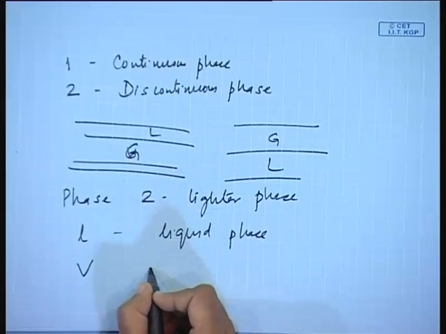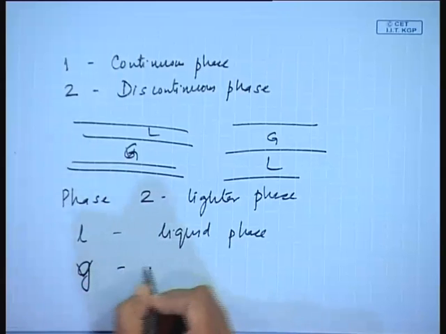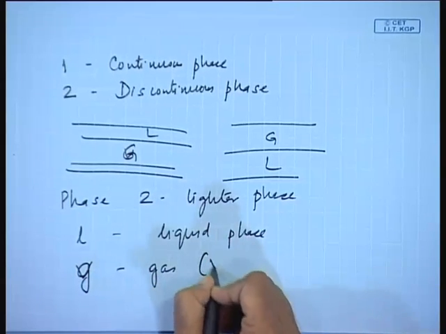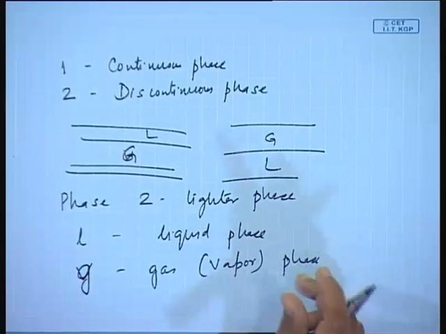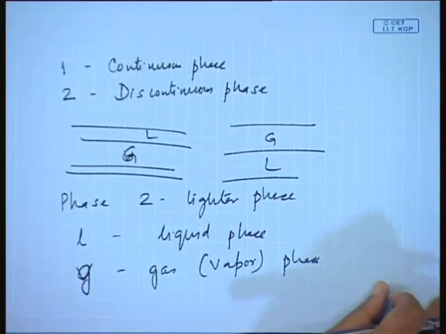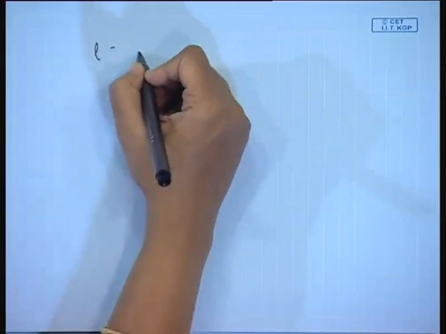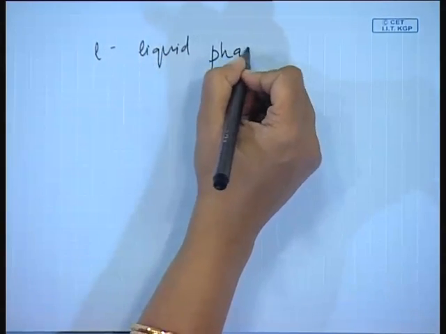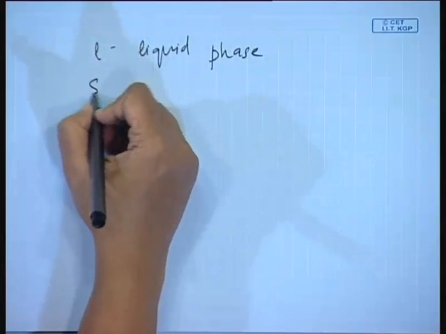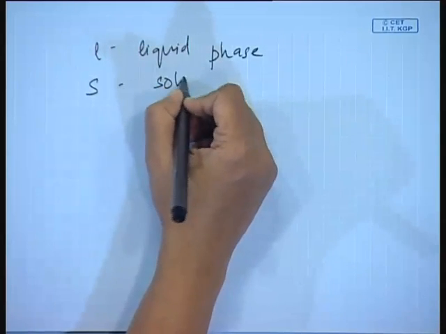refers to the, or rather sorry, we would prefer G, where G refers to the gas phase or the vapor phase. And we also have things like LS, where L refers to the liquid phase and S refers to the solid phase.